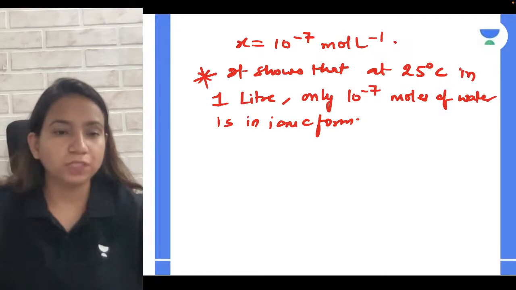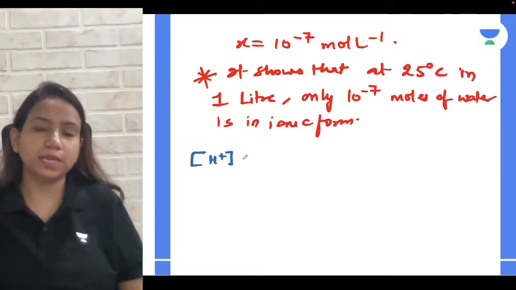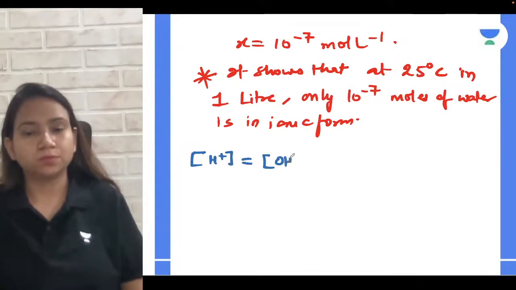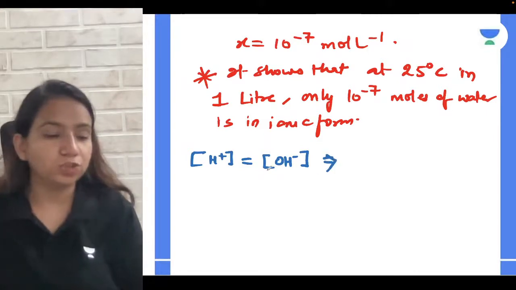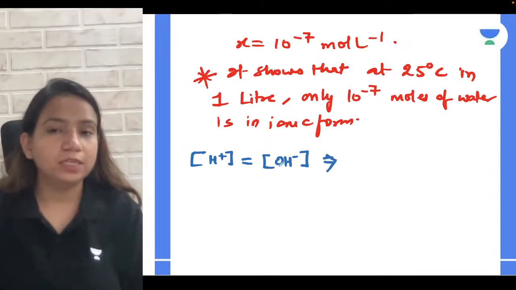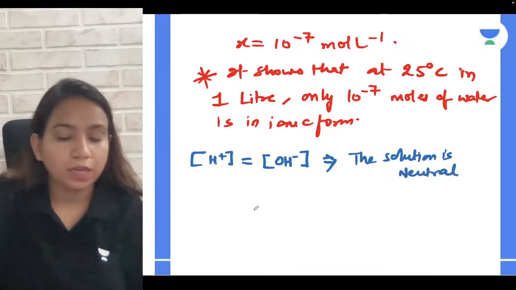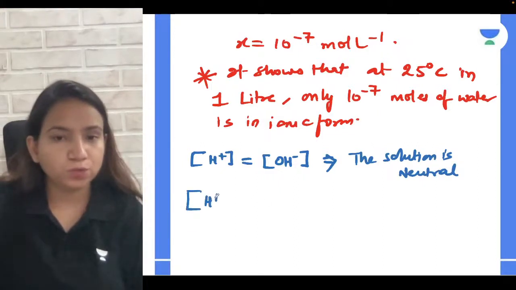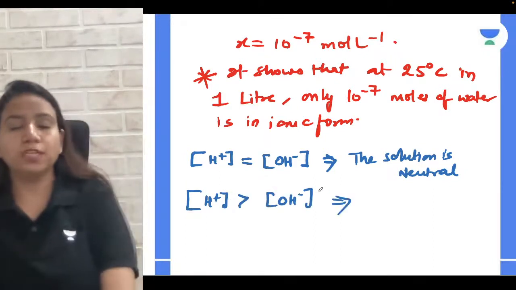Now remember that always, if H plus ion concentration is equal to OH minus ion concentration, what will be the solution? The solution is neutral. Correct, guys? Very good. If H plus ion concentration is more than OH minus ion concentration, what will be the nature of the solution?